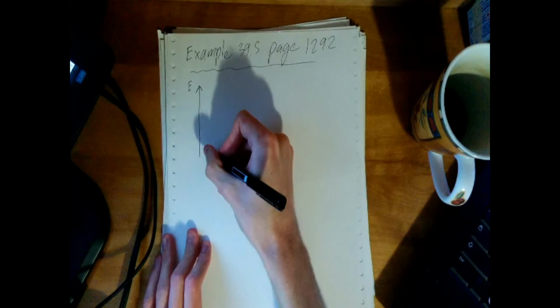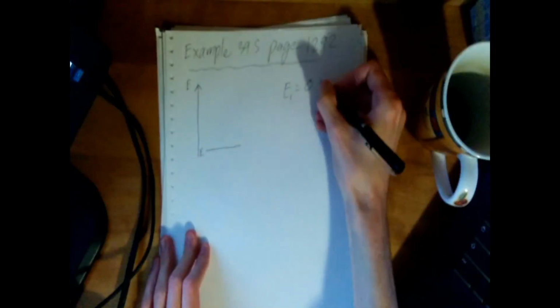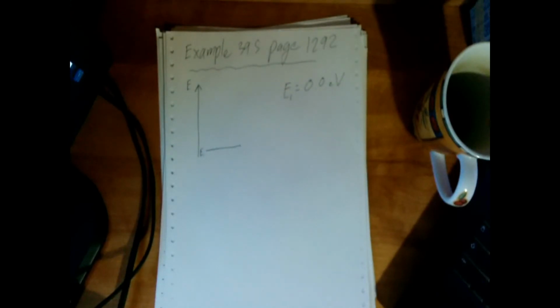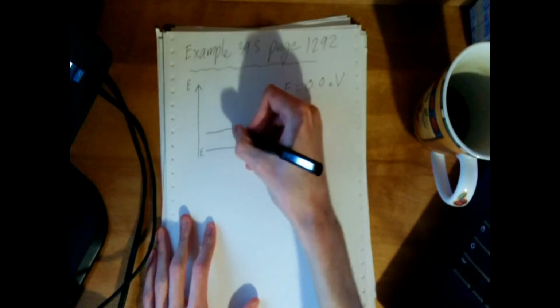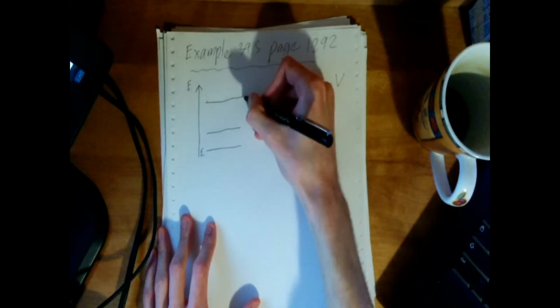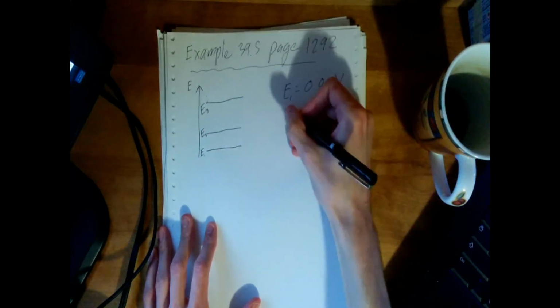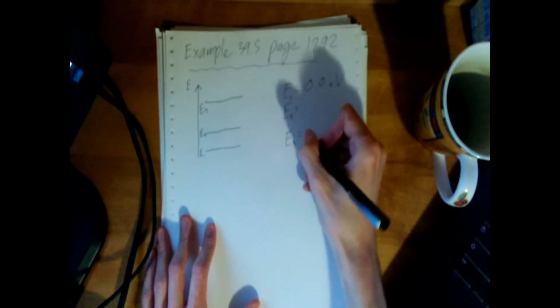Here they put them positive, it doesn't really matter. I'll call it E1, with E1 being 0 electron volts. Another at 1, another at 3. E2, E3. The energy levels do not have to be equally spaced. In fact, in general, they are not.